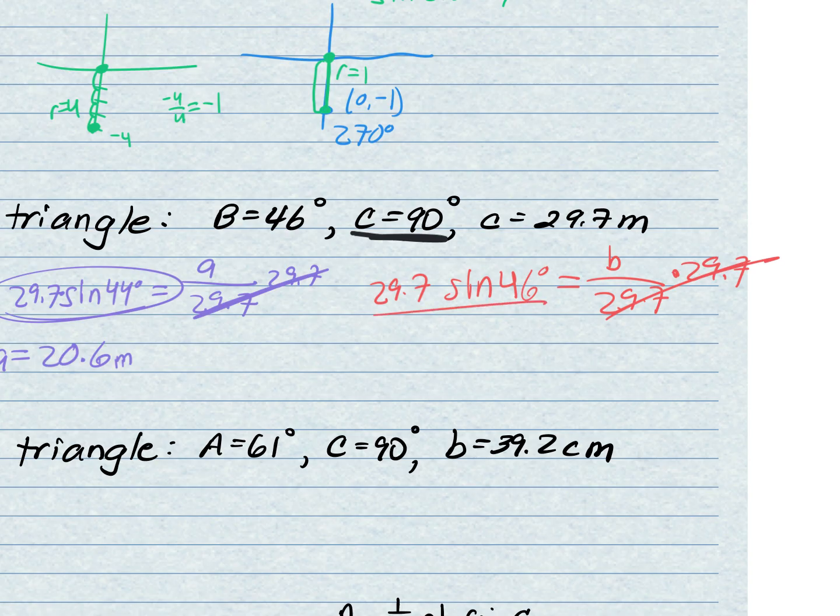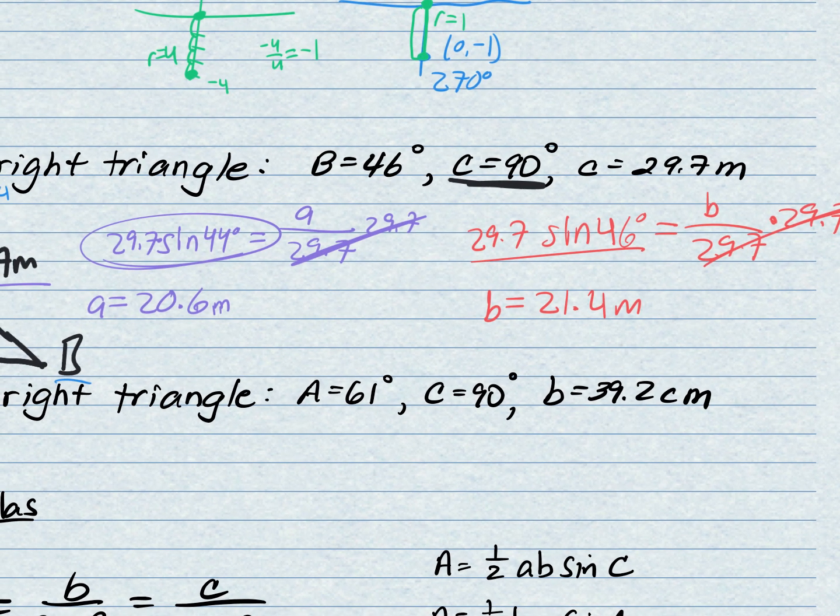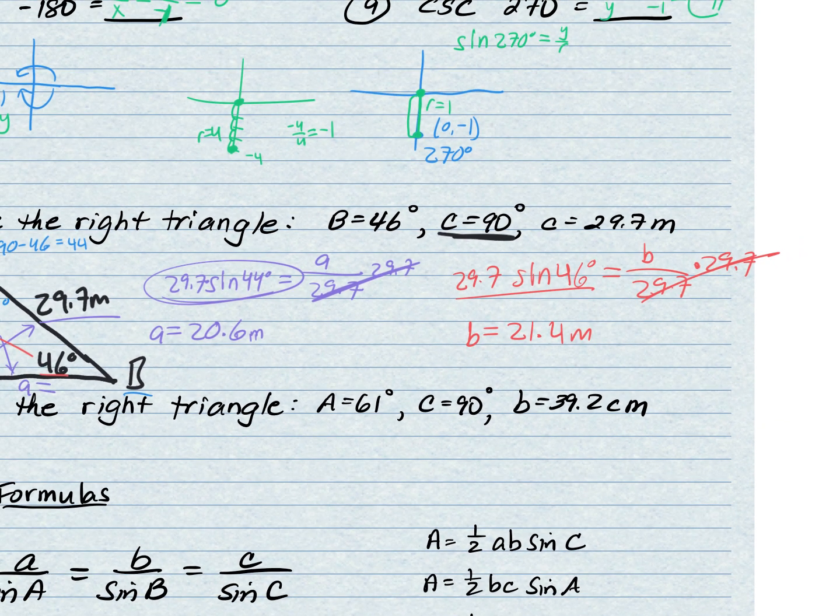So we do 29.7 times sine of 46, and to the nearest tenth, we get, for our missing side, 21.4 meters. All right, and that's every side, that's every angle.